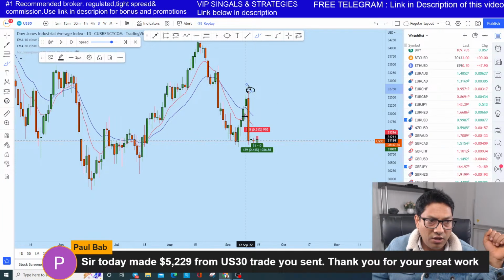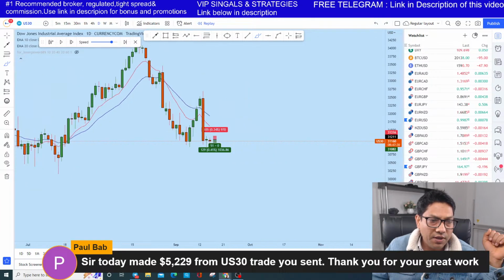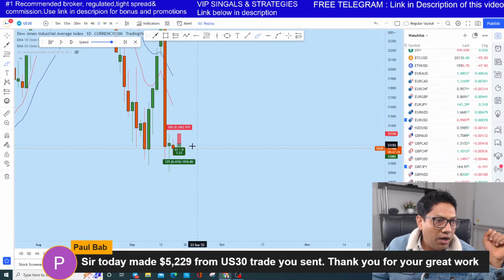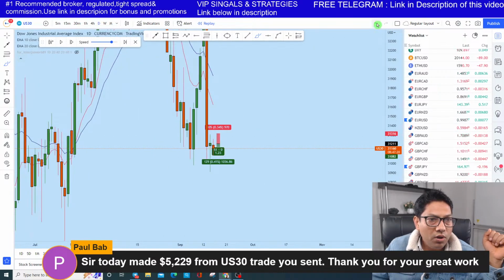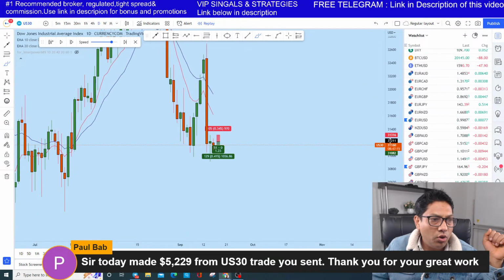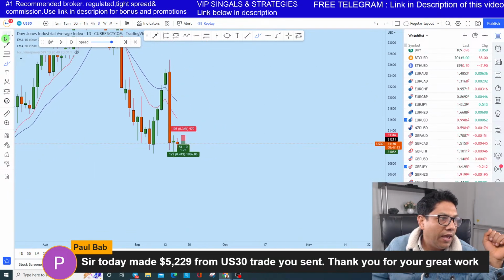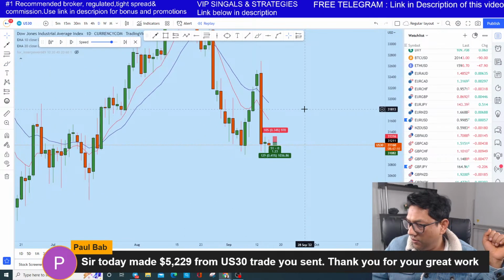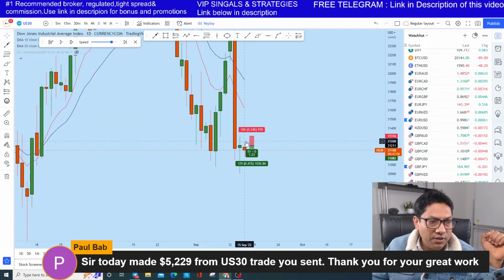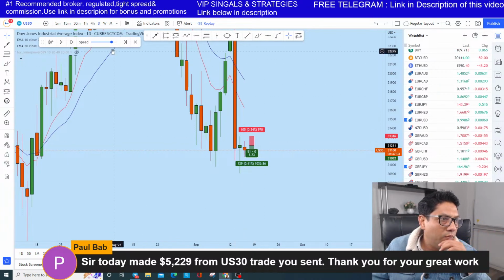It's a huge move that happened on US30 from the daily perspective, followed by a narrow doji on the daily time frame as well. You see, this narrow doji has formed on the daily time frame. After this narrow doji, as soon as the market opened today, we saw a little bit of upward movement.